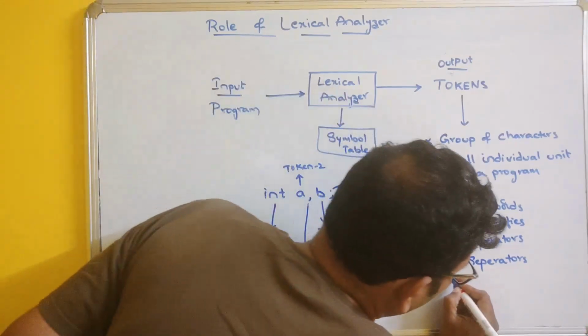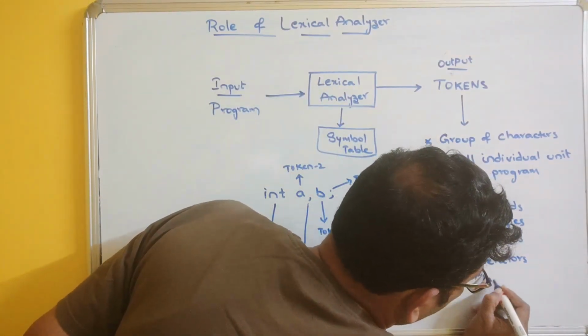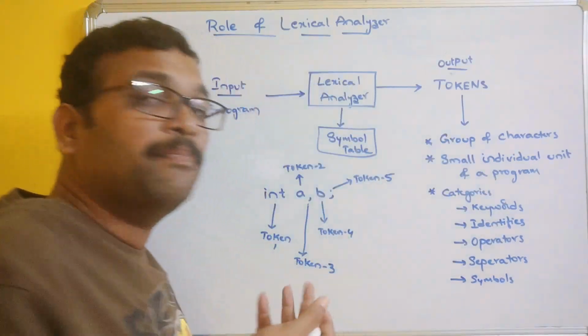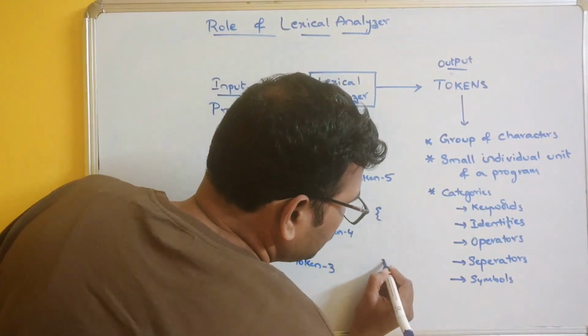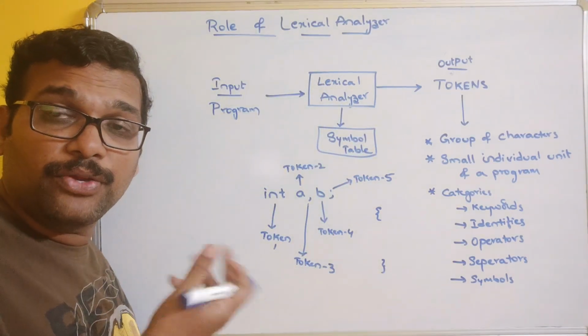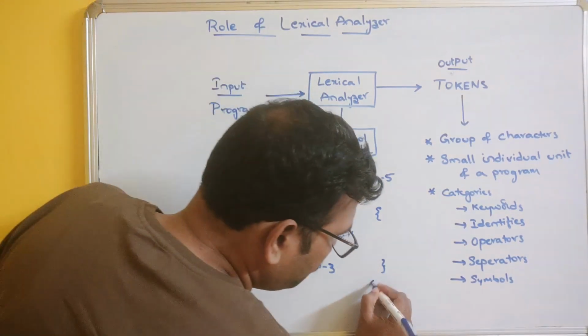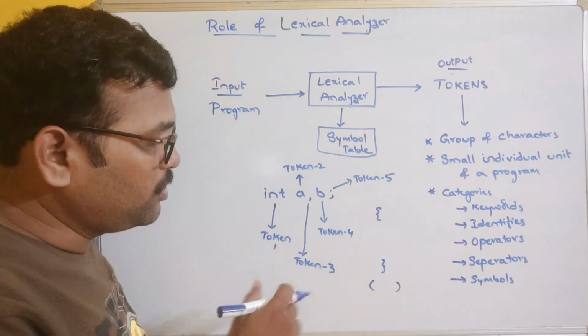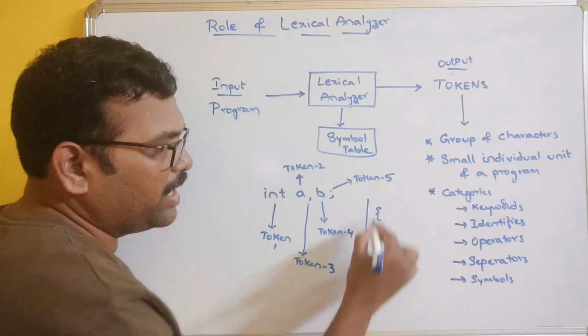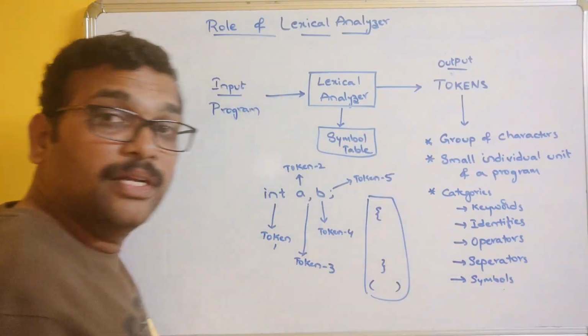And also some symbols, we will be using some symbols in our program, like curly braces. These are the symbols we use to represent a block, and parentheses, which usually represent a function. So these are called symbols.